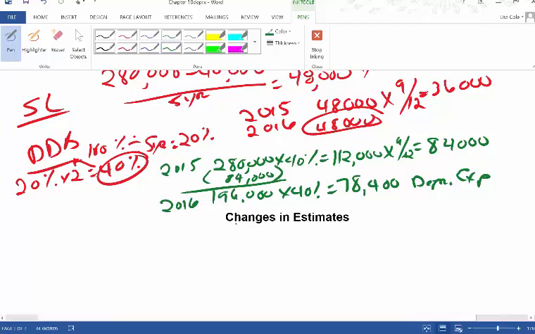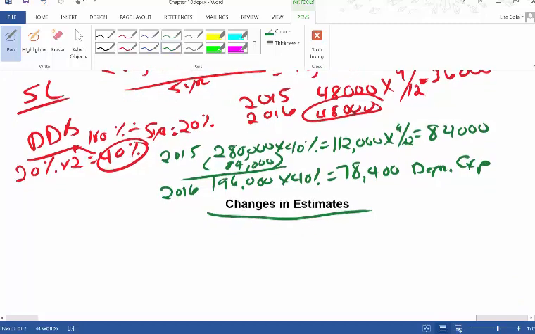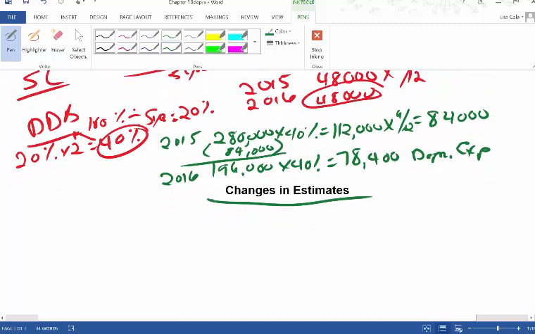Okay. So throughout the process of having an asset, we can also have a change in our estimates, because remember, we're making estimates as far as how many years we think we're going to use the asset, as far as our salvage value. So we're making estimates in doing so.